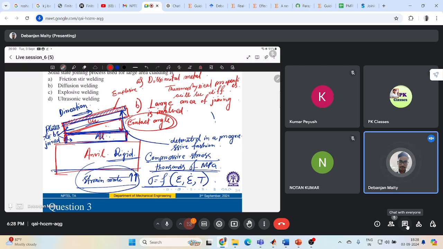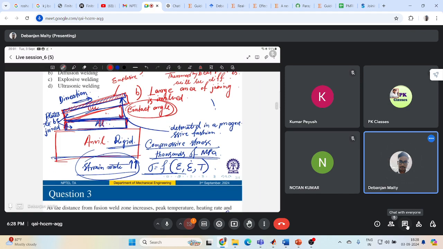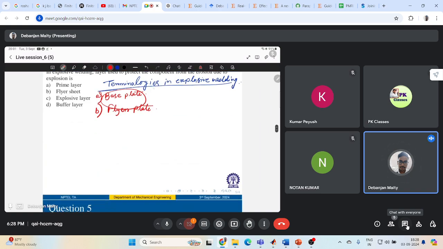Now the selection of flyer plate and base plate is done on the basis of what? On the basis of mass per unit area. Whatever is less, so these two are chosen based on mass per unit area.